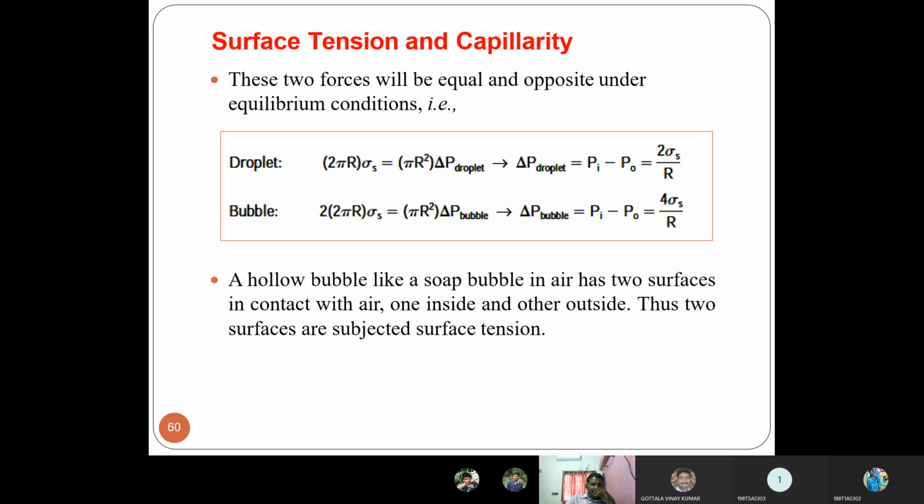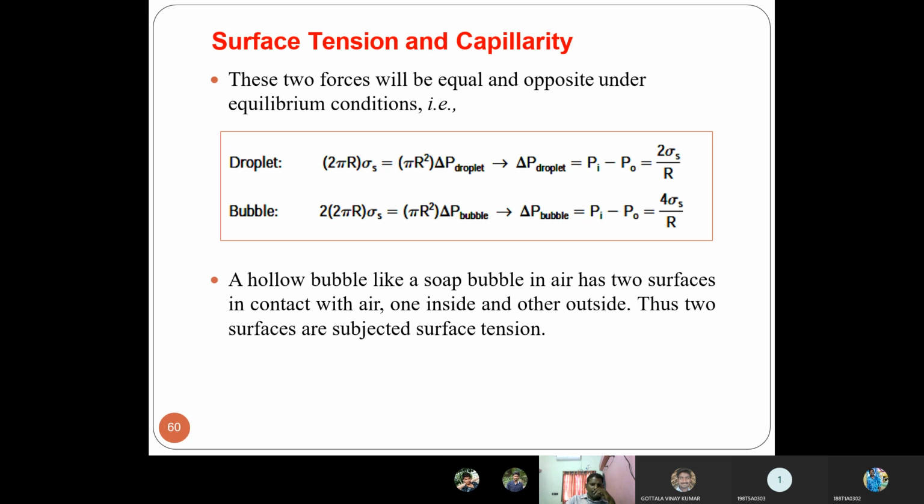Write the expression for delta p: delta p is equal to 2 sigma s by r, by cross multiplication. Delta p is nothing but the pressure difference between the inside surface and the outside surface. So Pi minus P naught is equal to delta P is equal to 2 sigma s by r.